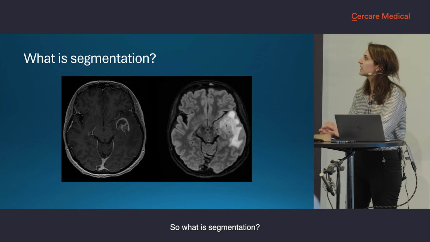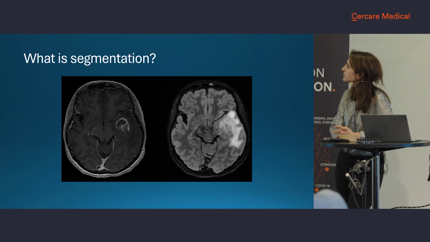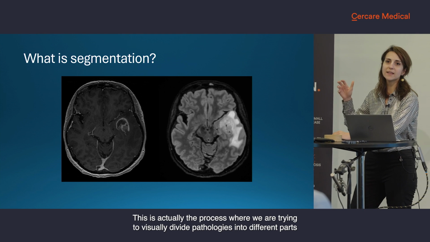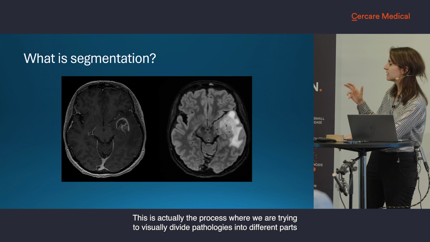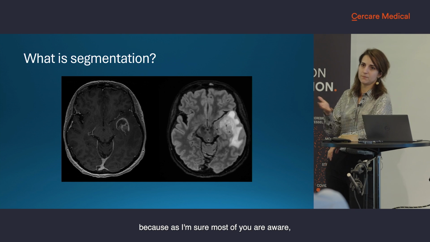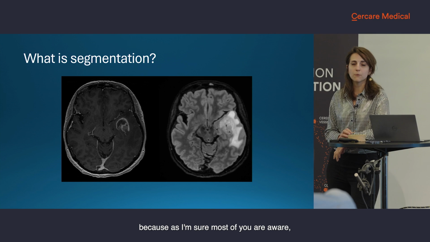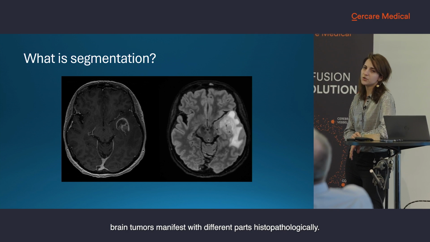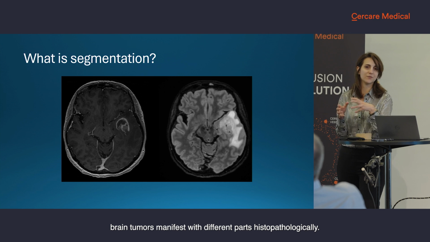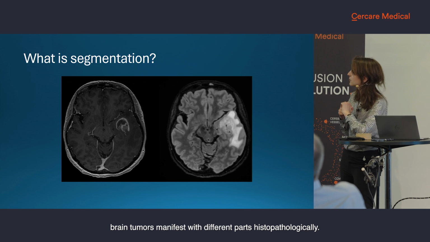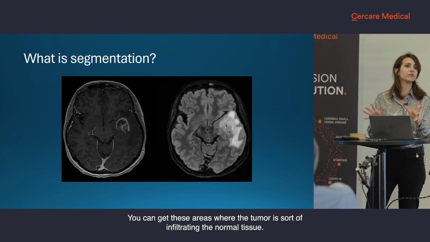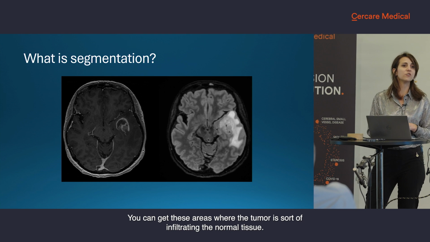So what is segmentation? Well, this is the process where we are trying to visually divide pathologies into different parts, because as I'm sure most of you are aware, brain tumors manifest with different parts histopathologically, and you can get these areas where the tumor is infiltrating the normal tissue.